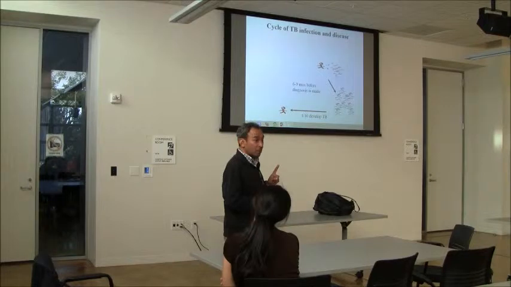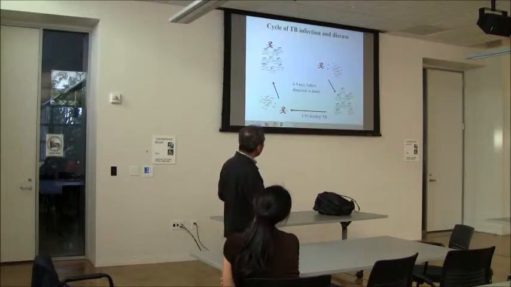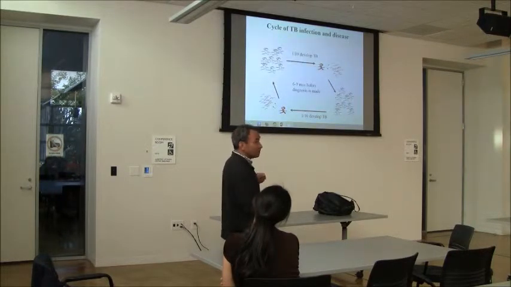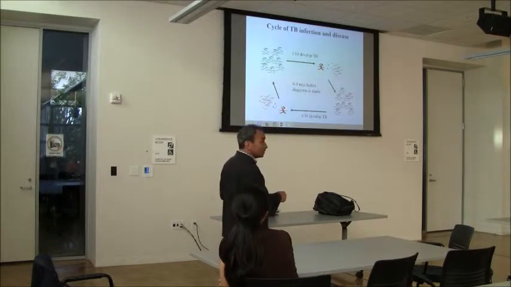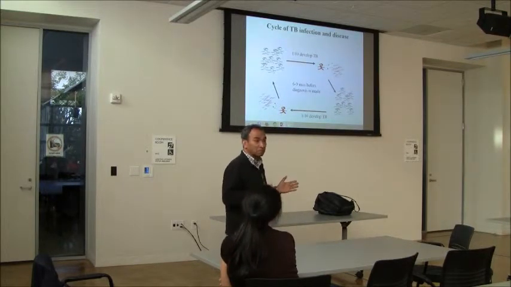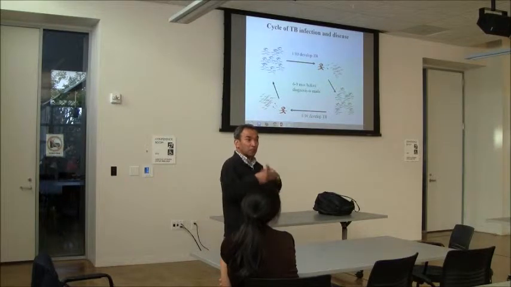And then that person will go on to infect 10 close contacts. And from those 10 infected people, 1 will develop TB, and that person will go on to infect 10. So you have this vicious cycle here, right? And the entire world's TB control program is directed at treating this guy. And if you do that, you never catch up, right? You're just going around in circles.